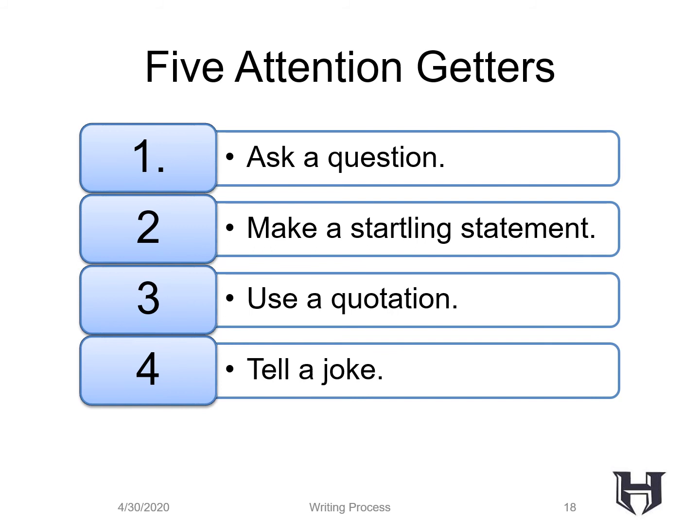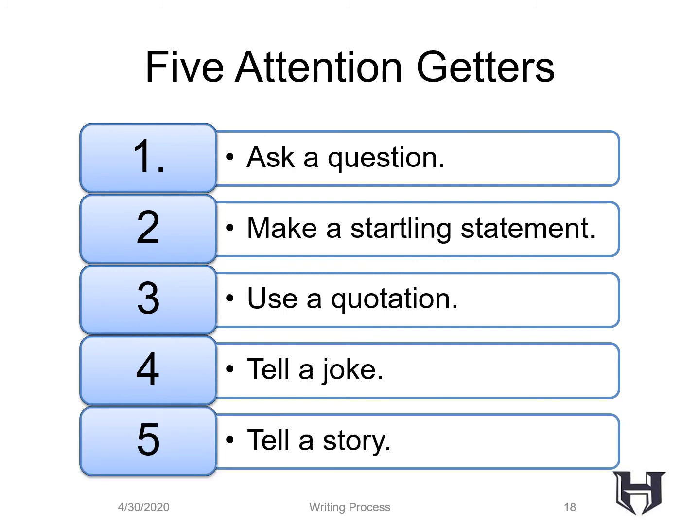If you decide to tell a joke, make sure it is in good taste and make sure that the topic of your joke is the same as the topic of your paper. Or you could tell a story, and you want to tell a very, very short story, just a short little anecdote, that has the same topic as the topic of your paper. You don't want the whole paper to be the story.